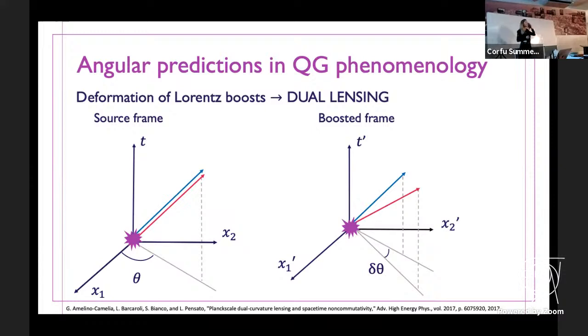So when considering deformed dispersion relations, and in particular in the context of doubly special relativity, we accordingly deform boosts in order to have a generalized relativistic principle, so to have the Casimir invariant.